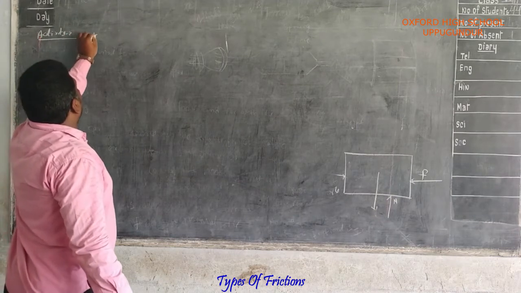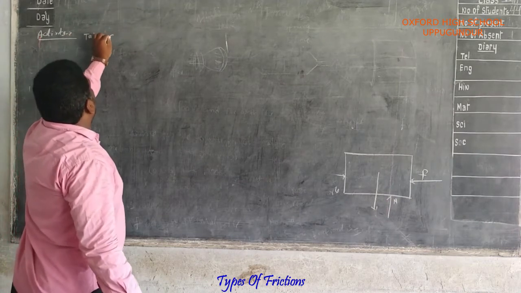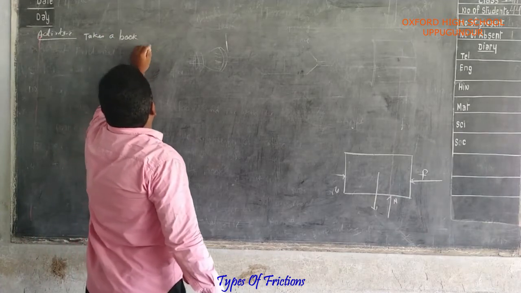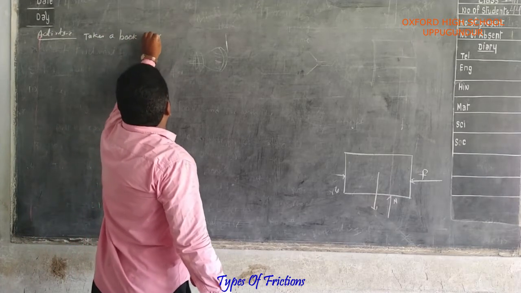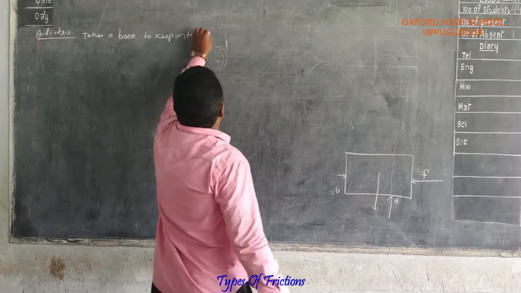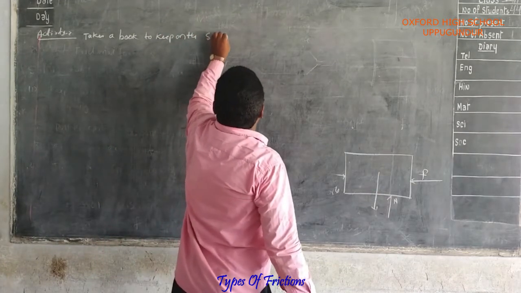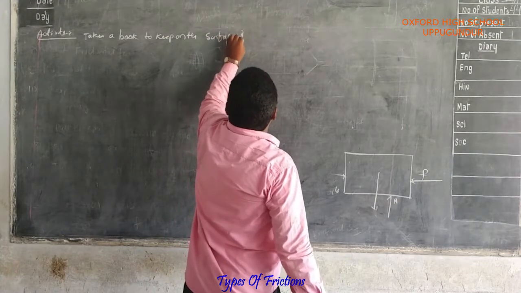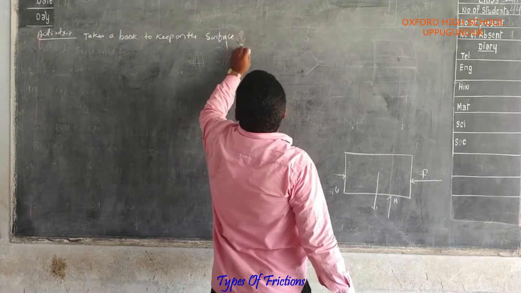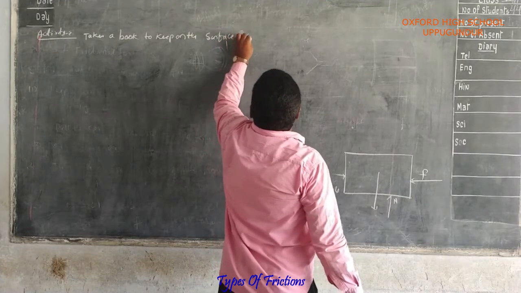Take a book to keep on the surface of the table. Surface on the table.